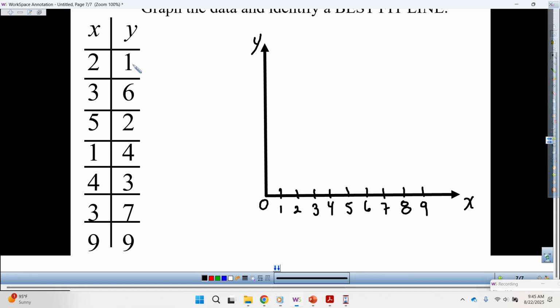The y, we got the lowest is 1, the highest is 9, and again, 1, 2, 3, 4, 5, 6, 7, 8, 9.